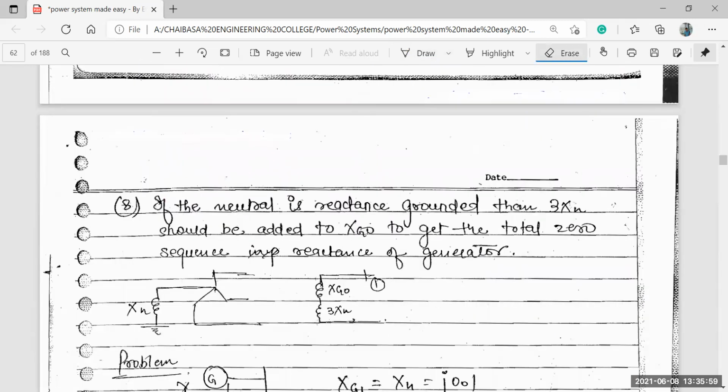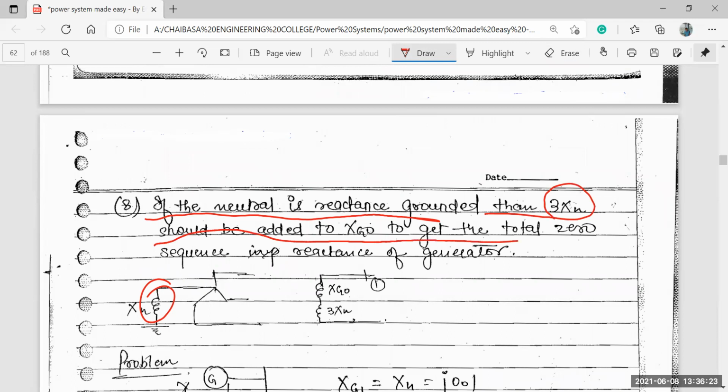Now the last particular thing. If the neutral is reactance grounded, as you see over here, it is grounded through a reactance. Then this 3Xn should be added to XG0 to get the total zero sequence reactance of the generator.